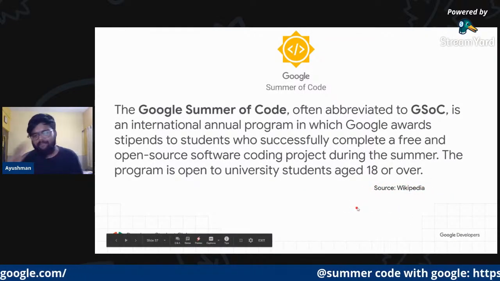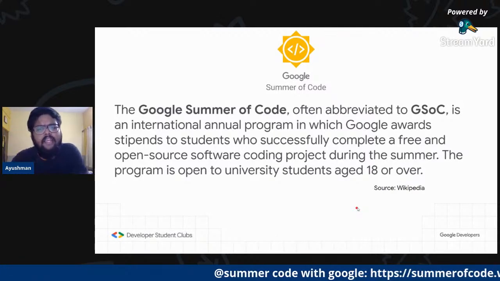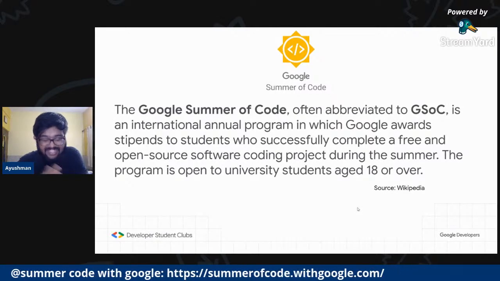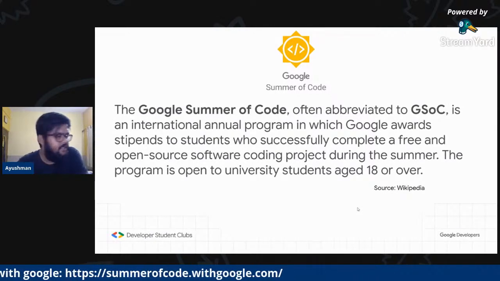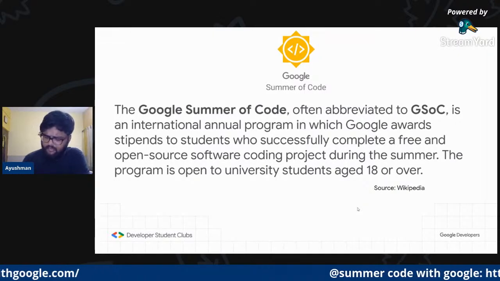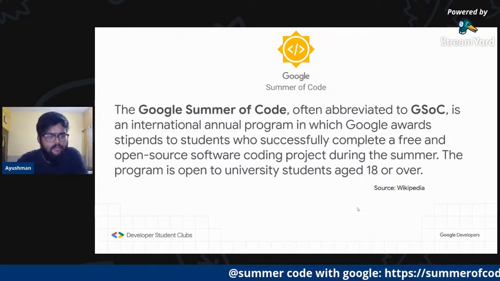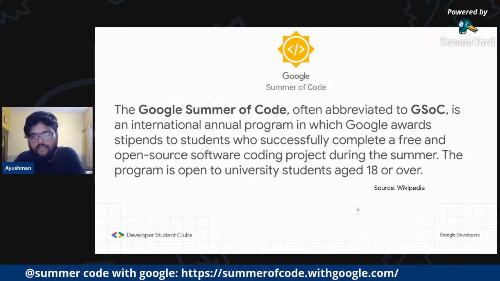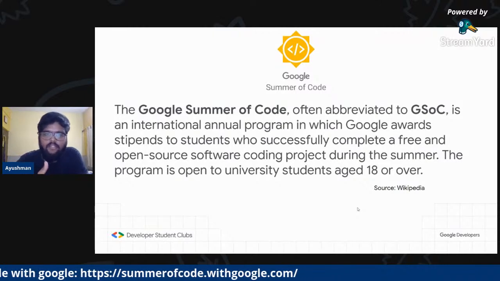What happens in this program is that many big open source organizations, like TensorFlow, OpenCV or Wikipedia, and many more, come and take the help of students to enhance their projects.